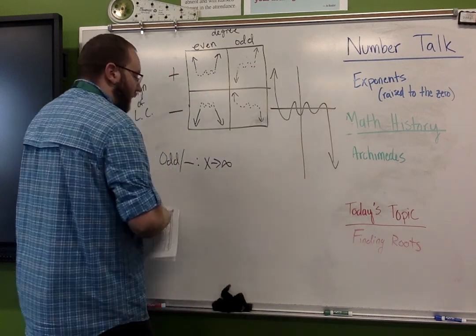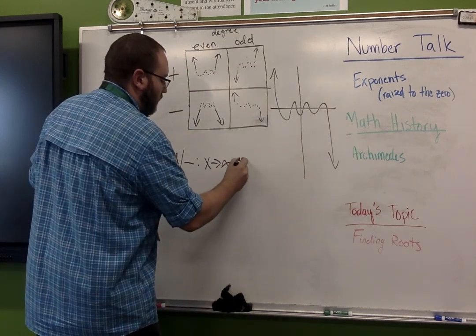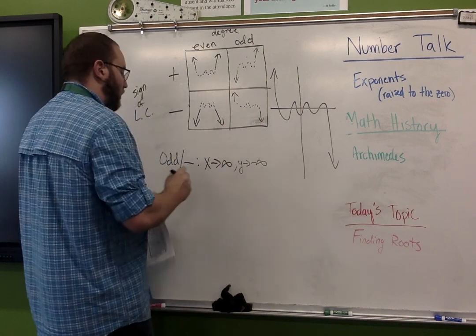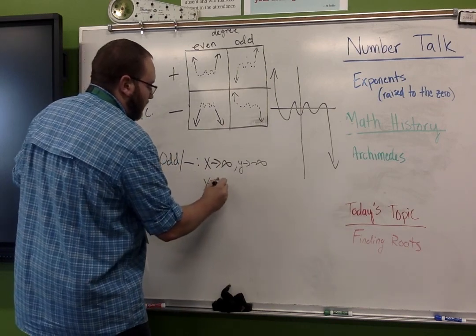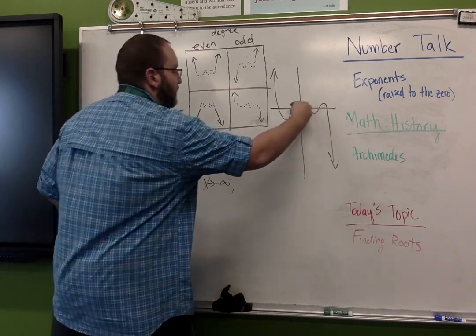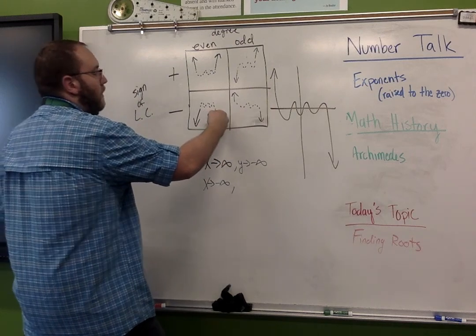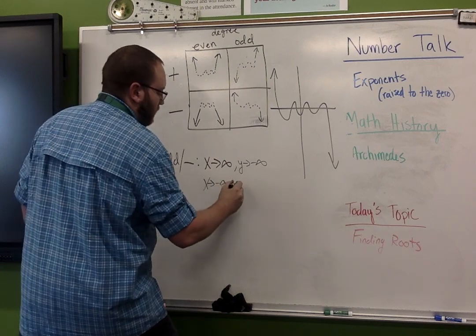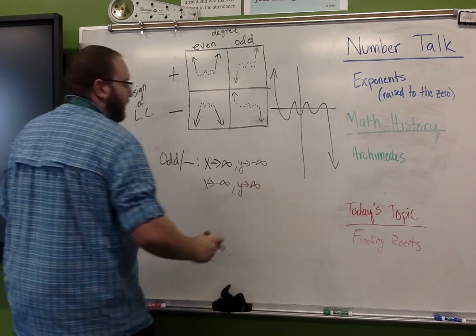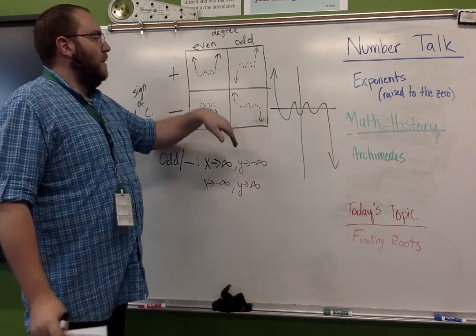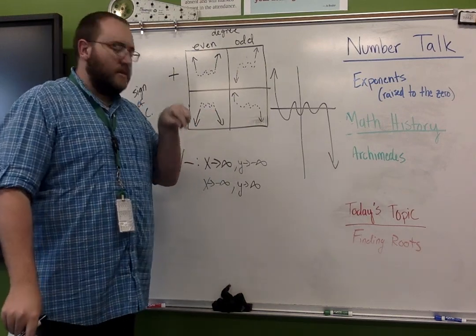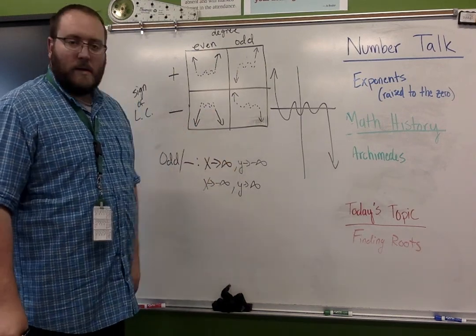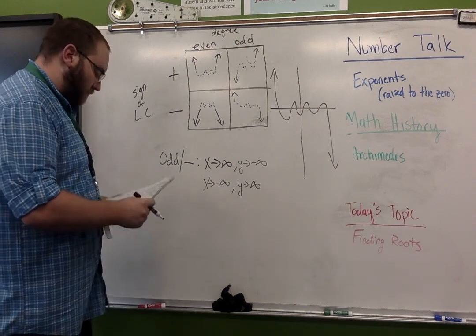Down. So y goes to negative infinity. As x goes to negative infinity, so this way, y goes to positive infinity. Right, goes up. And this one makes sense, because odd degree means that the tails should be going different directions. So one goes negative, one goes positive. So it makes sense.